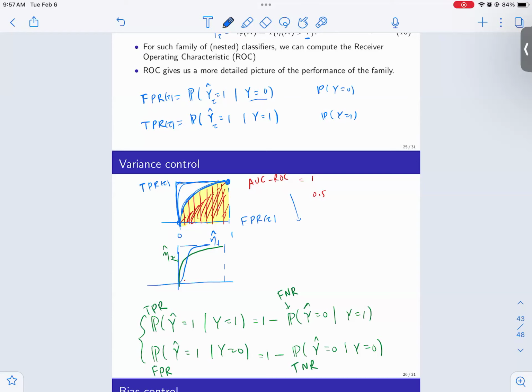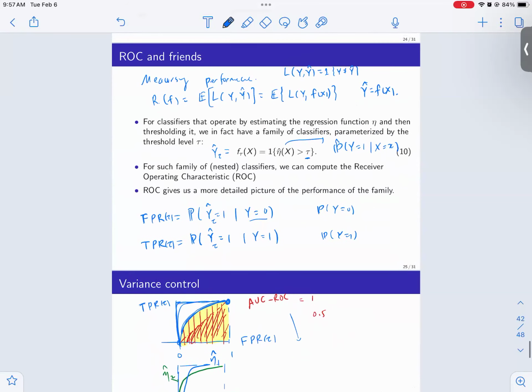Yes. Like in practice, the way you make one of these is you let tau take its range and then plot the FPR and TPR for a given classifier, like eta 1 in the example you just drew. Yes, exactly. So in practice, what you do is estimate these probabilities, right?